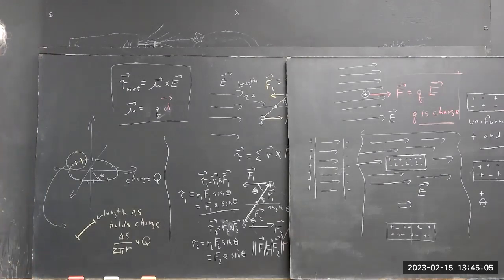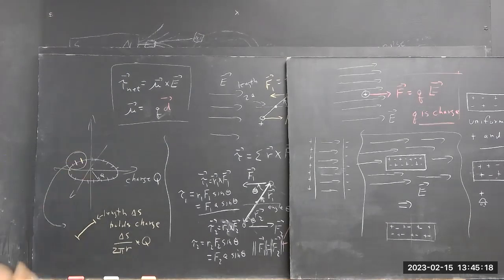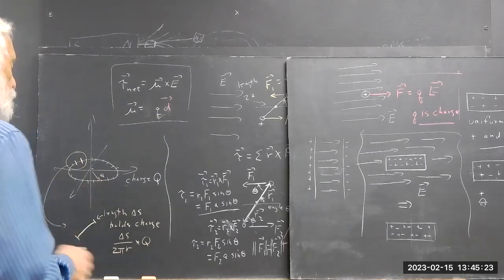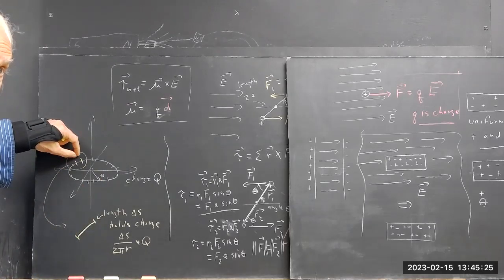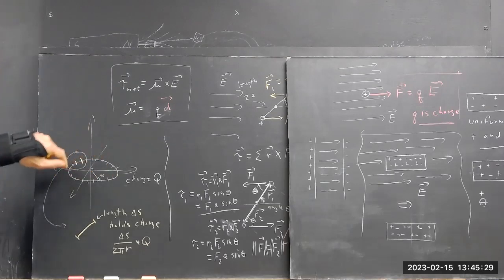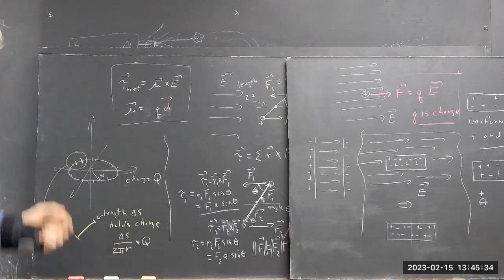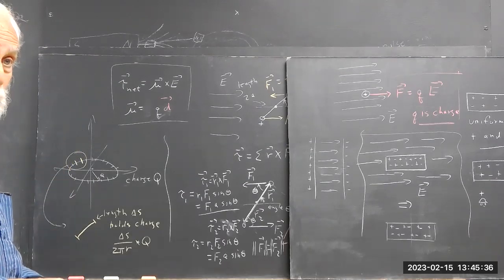Now, let's say that we want the field at the center of this ring. Well, if we just assume this is a very small interval, because ultimately we would shrink all the intervals down to the limit of 0.